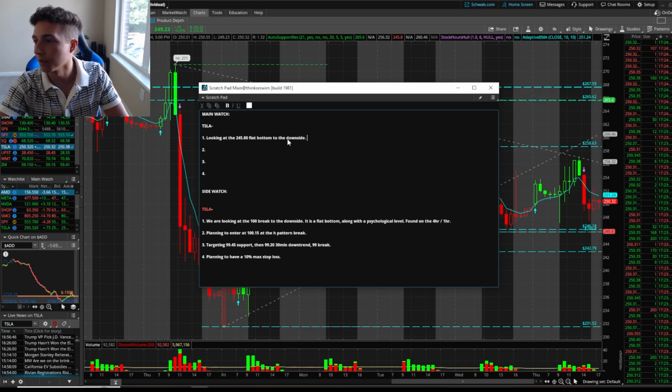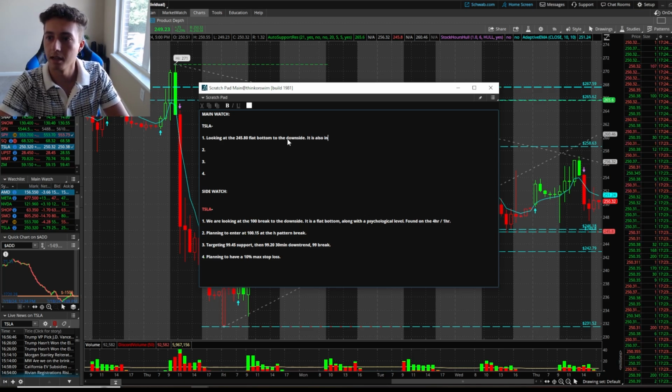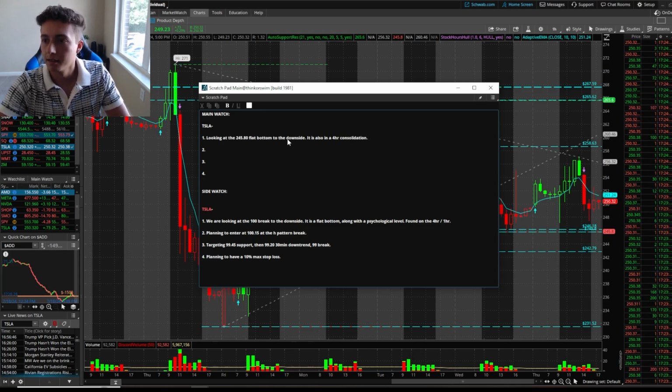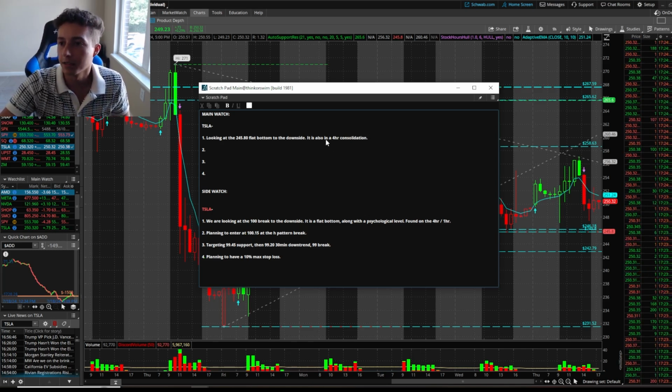And then the reasoning once again is that it is also in a 4-hour consolidation. Whenever I write down that it's in a 4-hour consolidation, that clarifies that I got it from the 4-hour.